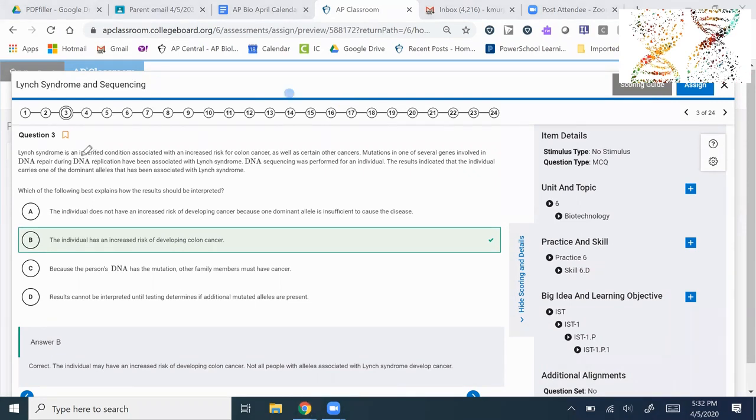So right here is an inherited condition associated with an increased risk for colon cancer as well as certain other cancers. All right, so if someone has that dominant allele that's been associated with Lynch syndrome, it says which of the following best explains how the results should be interpreted.